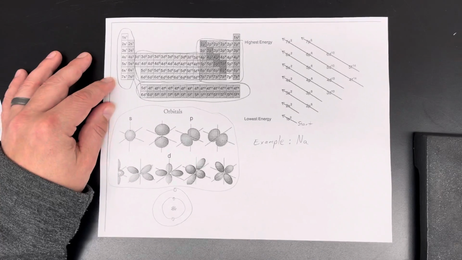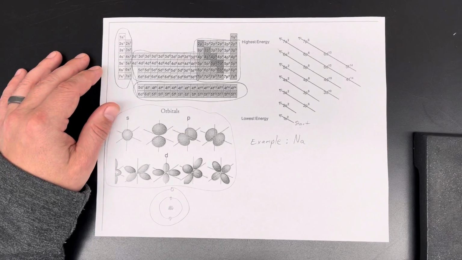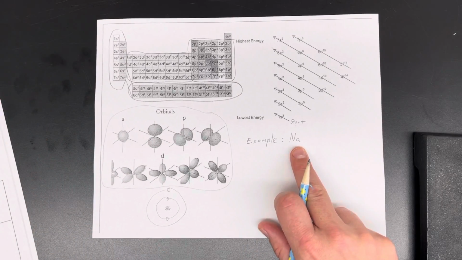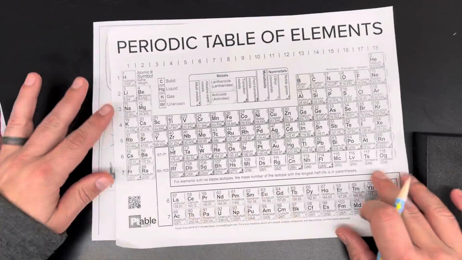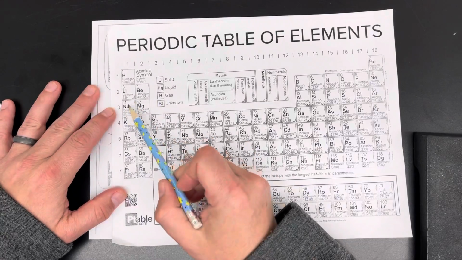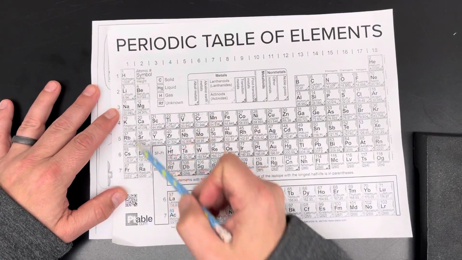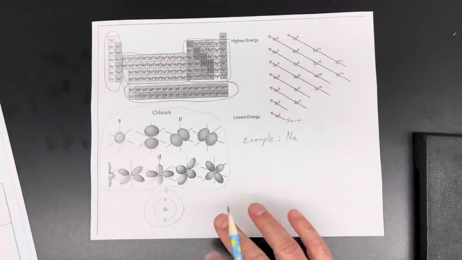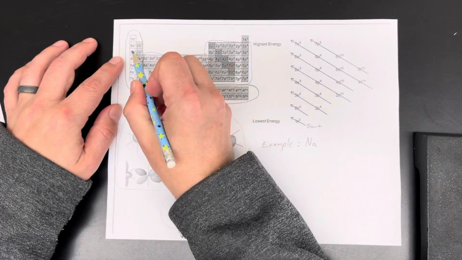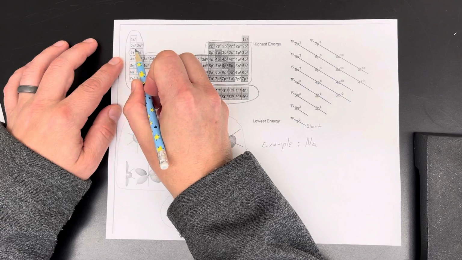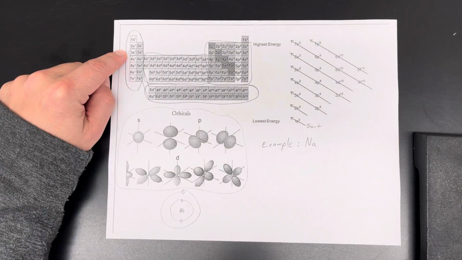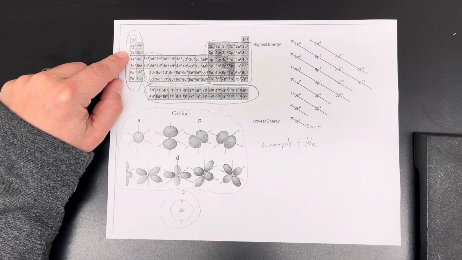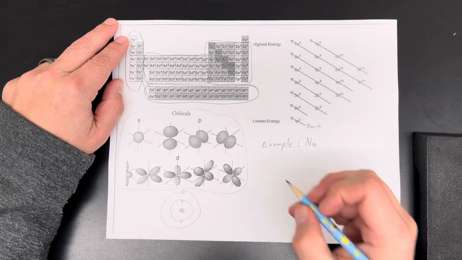So let's do some examples. I think we need to practice it. So my example here is going to be sodium, Na. I look on the periodic table and I find sodium over here. It's in the first column, third row. So that's going to be this one right here. In order to write out where all the electrons are for sodium, I need to start at the very beginning.